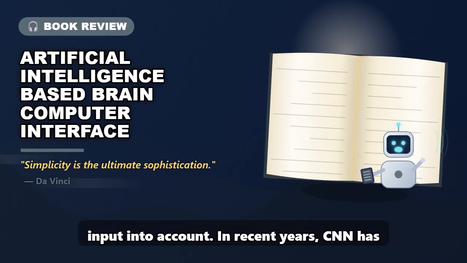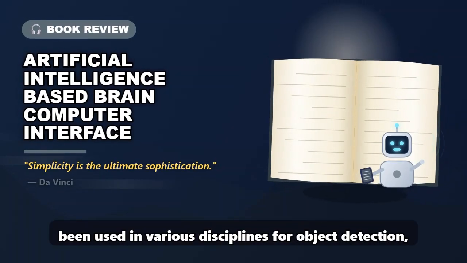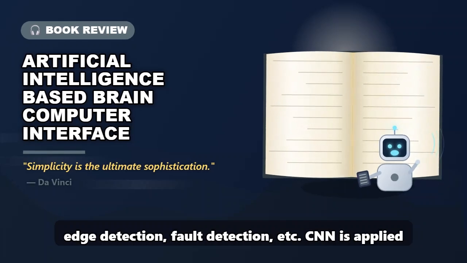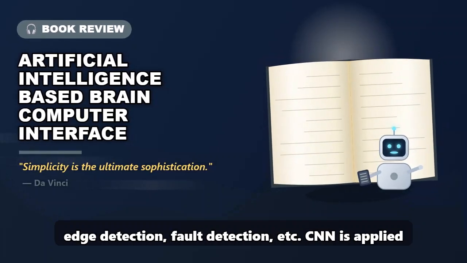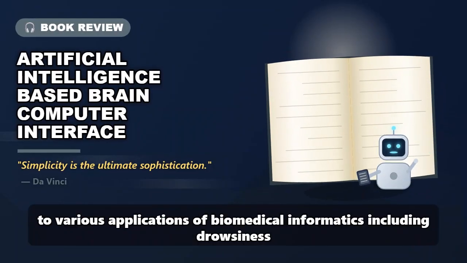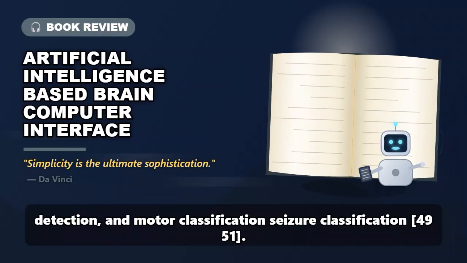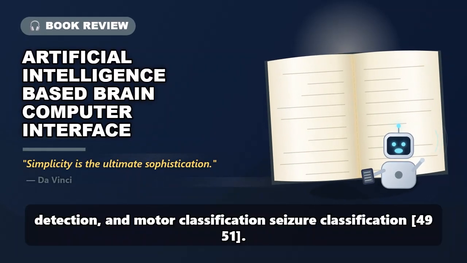In recent years, CNN has been used in various disciplines for object detection, edge detection, fault detection, etc. CNN is applied to various applications of biomedical informatics including drowsiness detection, motor classification, and seizure classification, 49-51.